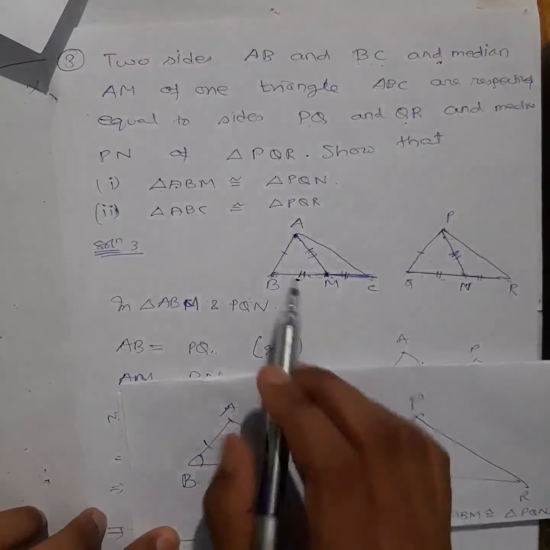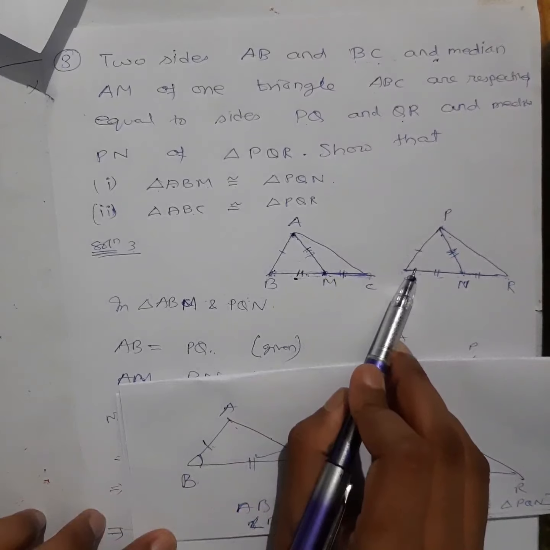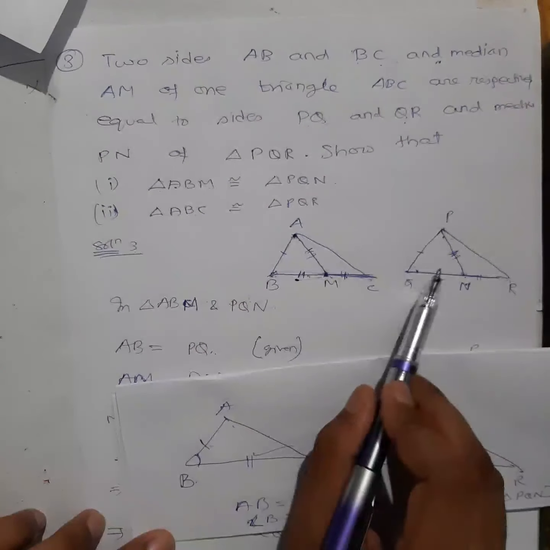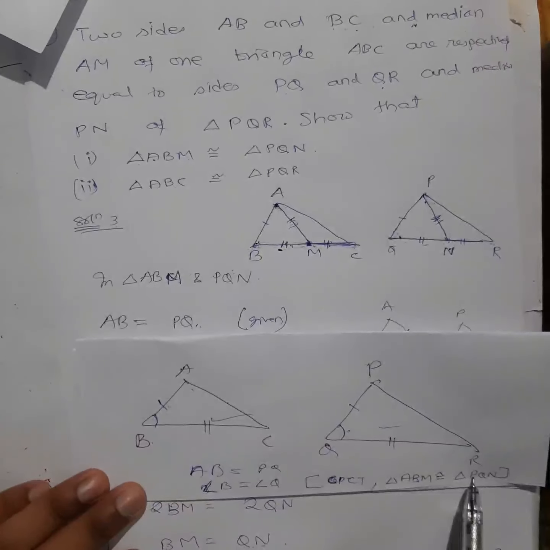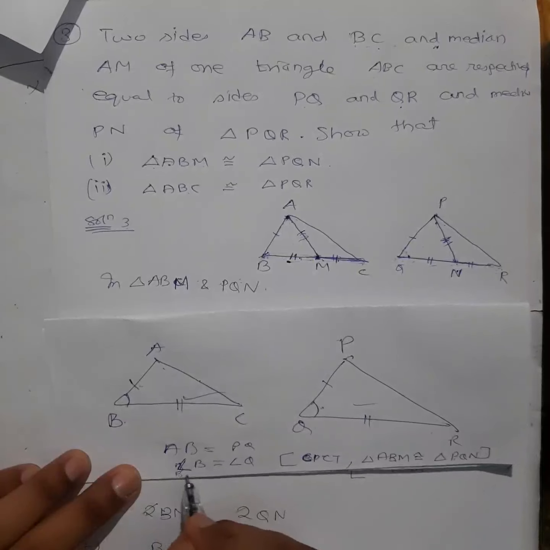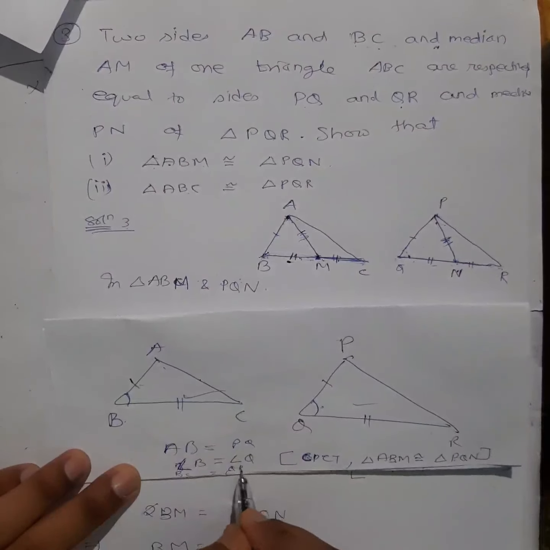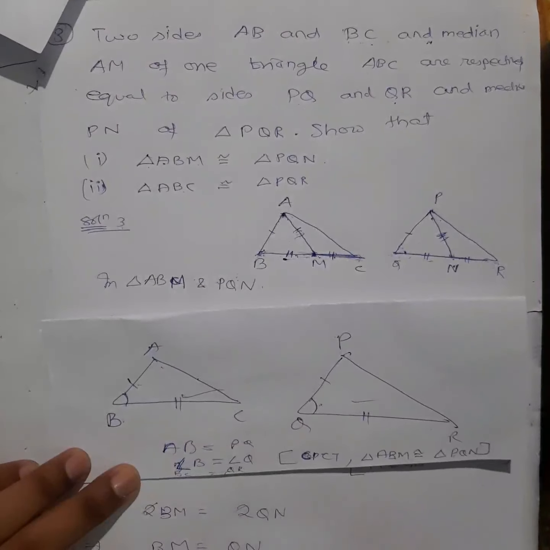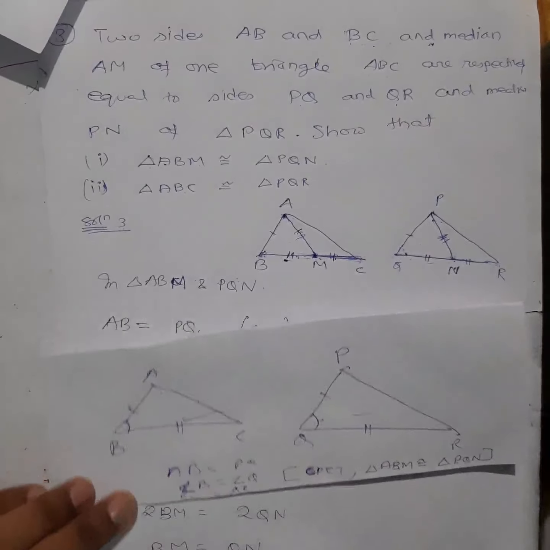Simple, because these are corresponding parts of congruent triangles, right? Corresponding parts of which two triangles? This triangle and this triangle. That's why we have mentioned this here. Last, BC is equal to QR. So what congruency? Side angle side congruency. Okay, from that these two triangles are congruent. That's it.